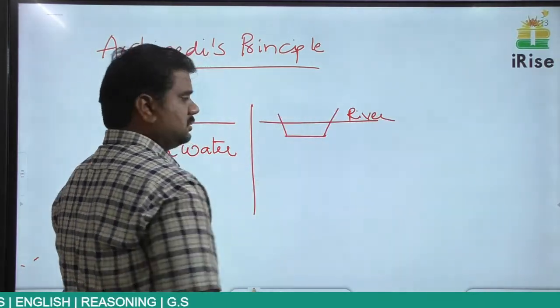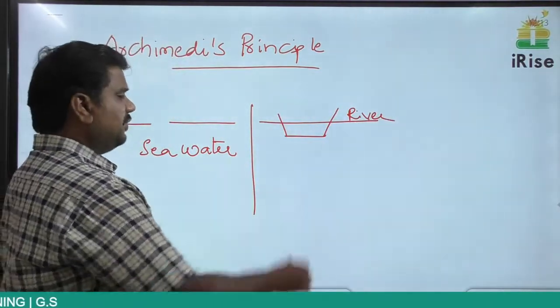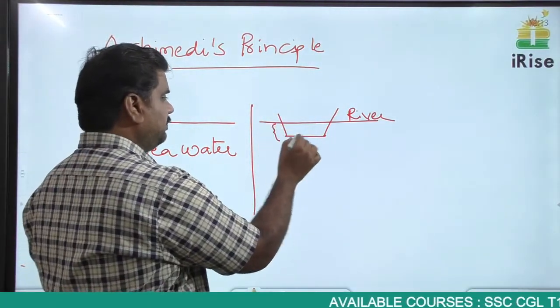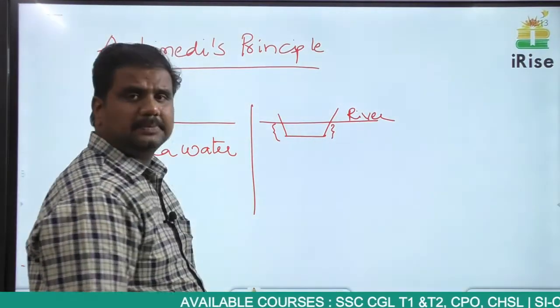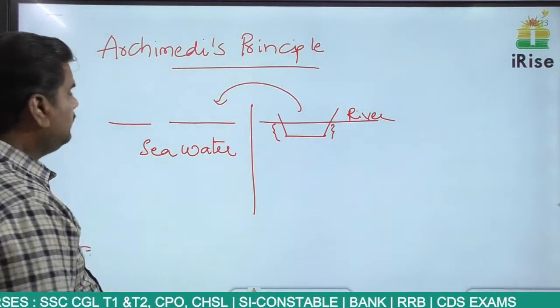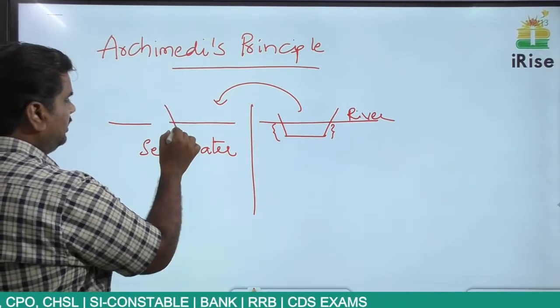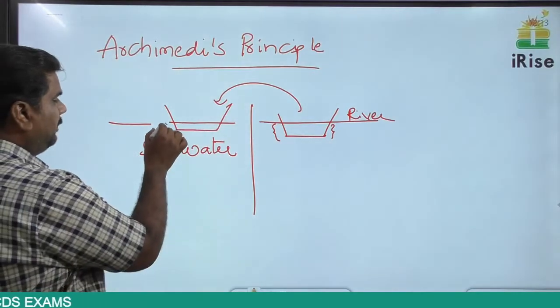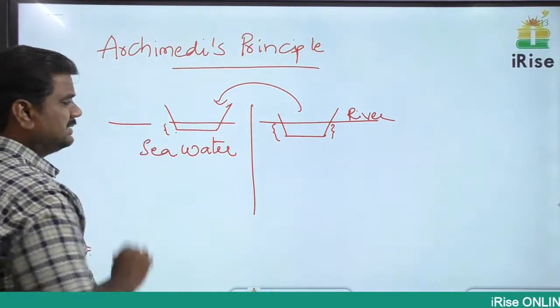The boat is like this. Whenever you are traveling in a boat in river water, the boat is submerged to a larger extent. The moment the boat enters from river to sea water, the boat is submerged to a lesser extent.